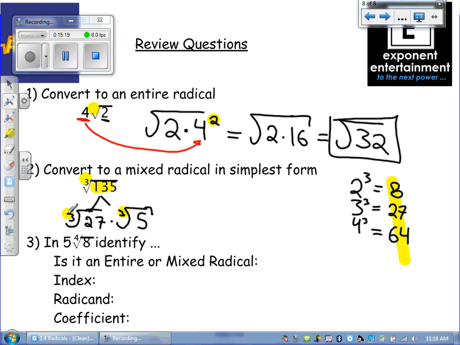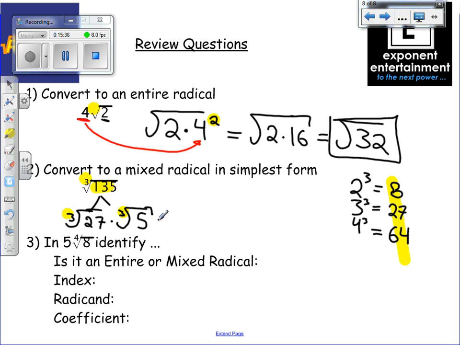Turn to your calculator. The cube root of 27. 3, yeah. The cube root of 27 is equal to 3. Nothing else divides into 5, so you leave it alone. That's your final answer.